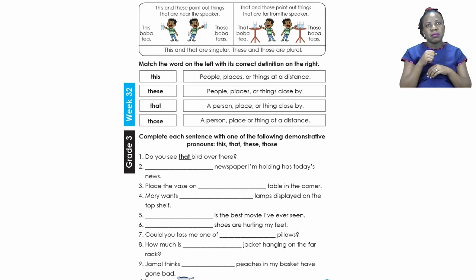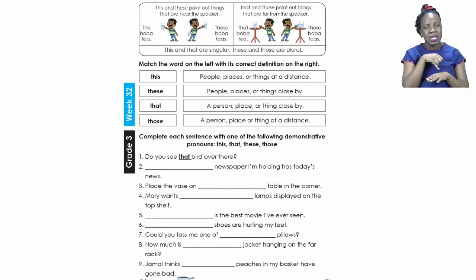For the word that, do we use that for a person, place, or thing that is close by? Or do we use it for a person, place, or a thing at a distance? Yes, if you said a person, place, or thing at a distance, well done.